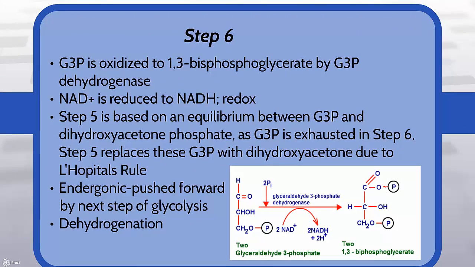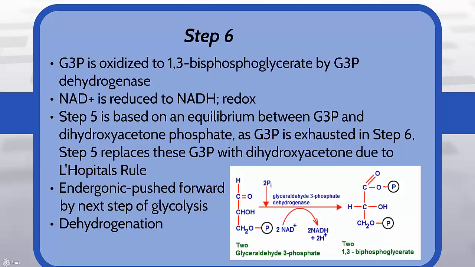In step 6, G3P is oxidized to 1,3-bisphosphoglycerate by G3P dehydrogenase, while also reducing NAD+ to NADH and releasing a proton. This step depletes G3P levels, and if you remember back to step 5, the isomerization is based on an equilibrium between G3P and dihydroxyacetone phosphate.